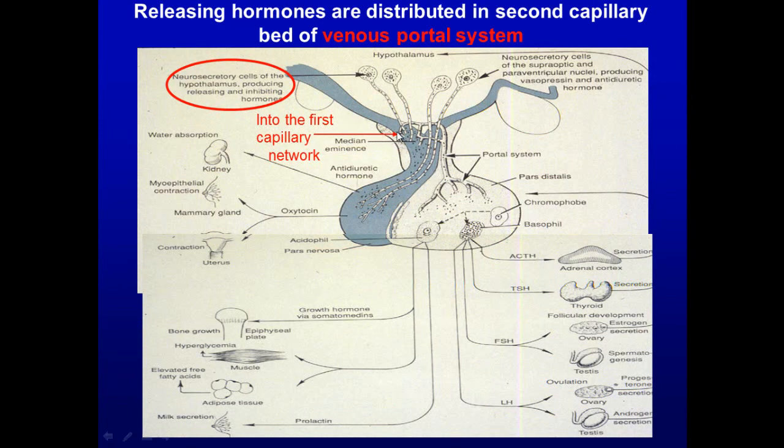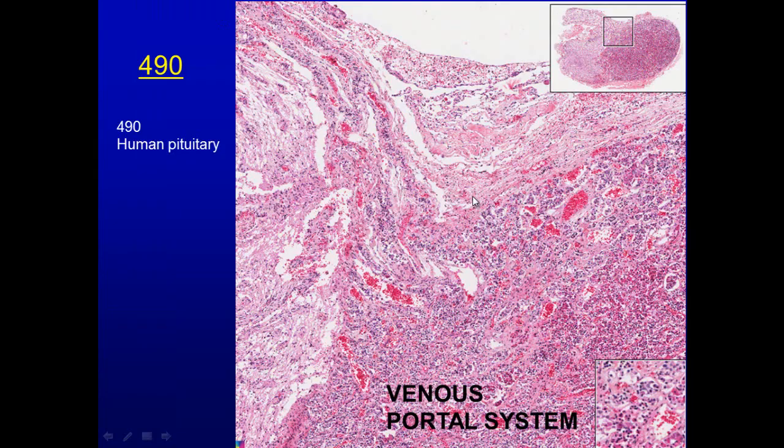And we see one of those in the pituitary, where the hypothalamus has short neurons that empty its contents in this plexus capillary network, and those releasing factors then go through this portal vessel to the pars distalis to affect the eosinophils and the basophils, and they indeed are the second capillary network.